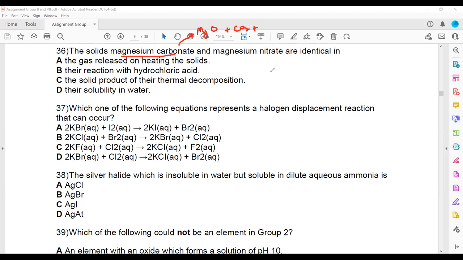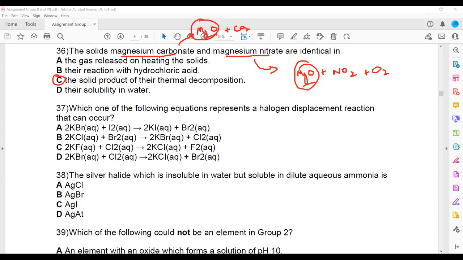And here this will decompose into metal oxide plus nitrogen dioxide plus oxygen when we heat nitrates. But the solid product is the same, magnesium oxide in both cases. So that's why option C is right.